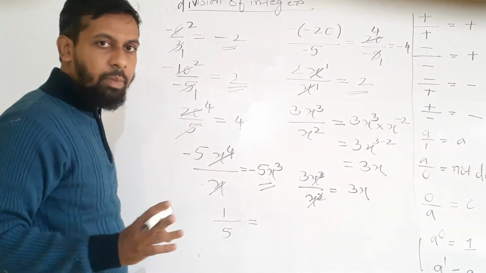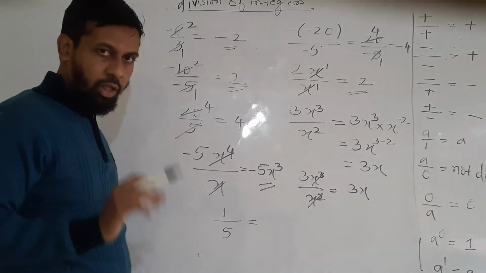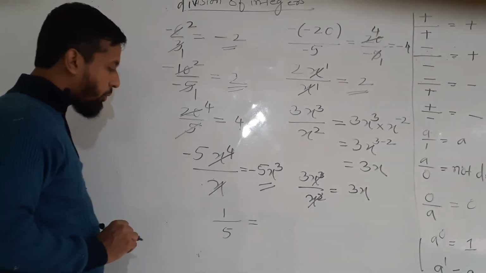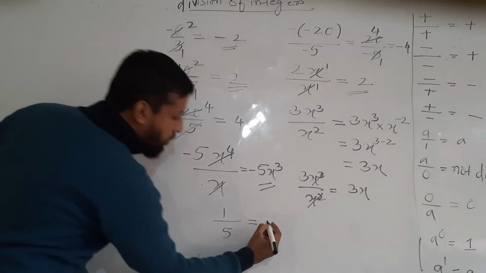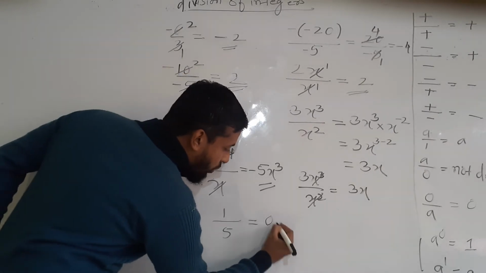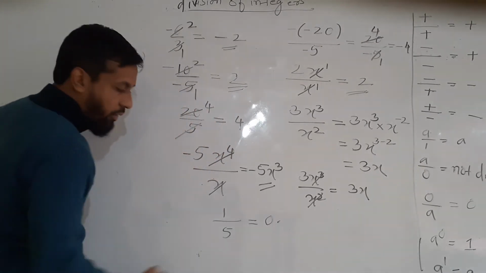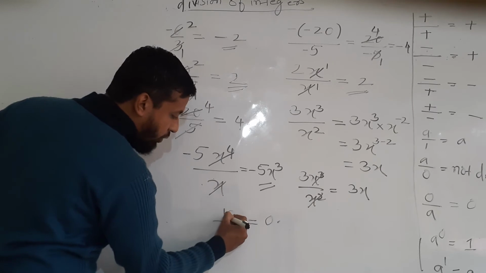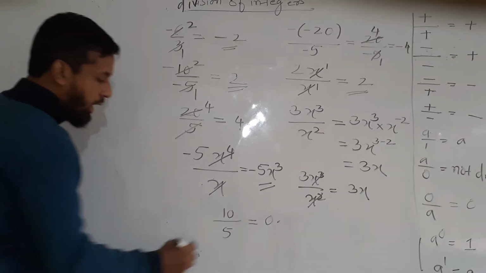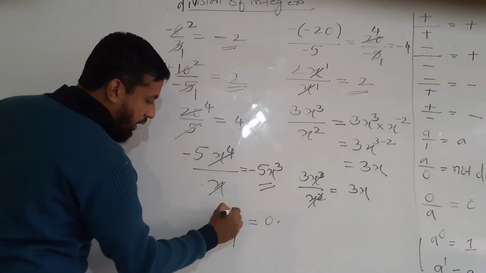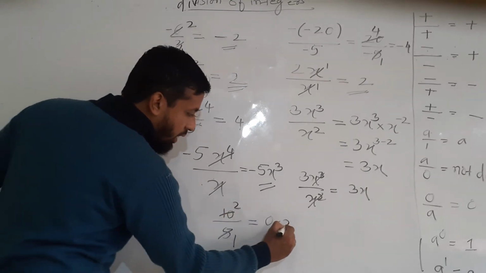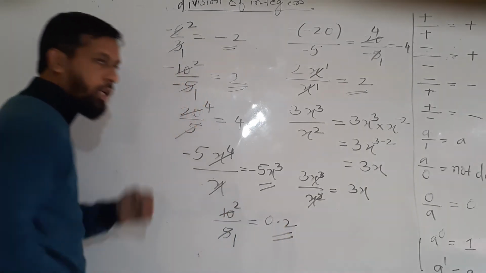And one more thing, if it is like this, what we can do is, we have to do like this, 0 point. After taking 0 point, we can take 1 0 here and 5 twos are 10. Answer will be 0.2.